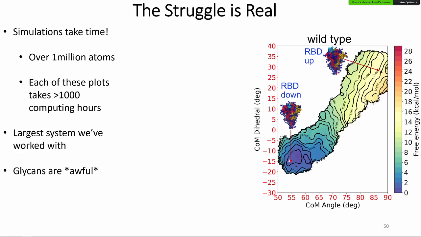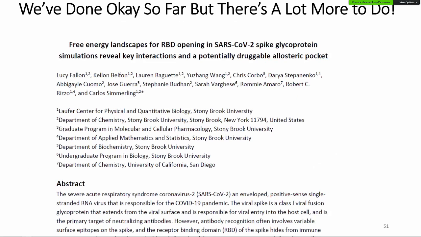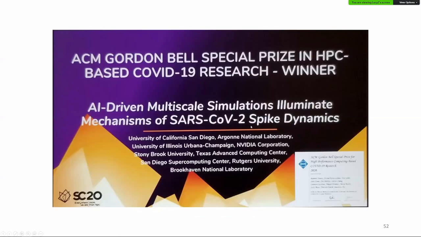Glycans, those sugars, again, not something we've ever worked with in this lab. They were challenging. They took us a while to figure out. And we've done okay, right? We've done okay so far. We've got where we wanted to go. We have a preprint out now on those free energy surfaces of that drug molecule locking the receptor binding domain in the up state.